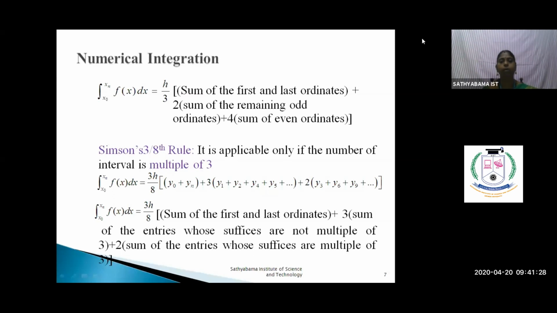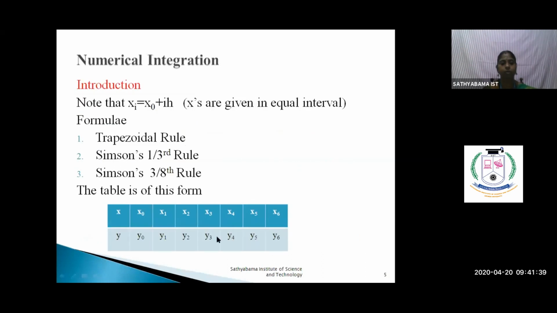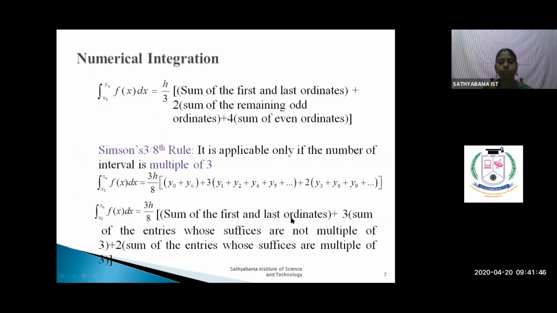Don't confuse ordinates and entries. So you follow the entries, because we write the data first like this, y0, y1, y2, y3, y4, y5, y6, and later you choose your appropriate formula. Is it clear?